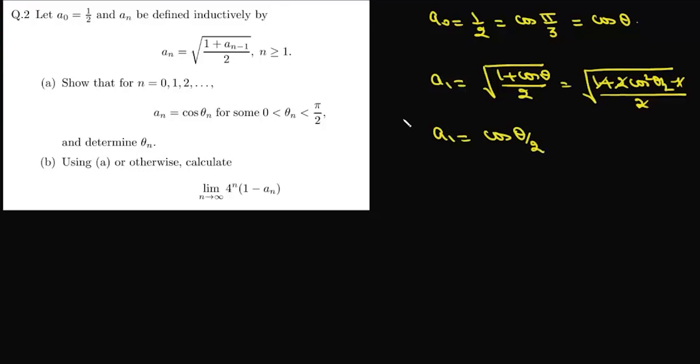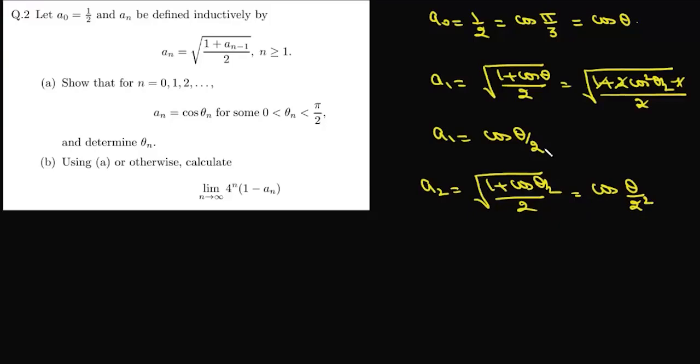Now, if we replace a1 in this formula, we'll get a2. So this a2 will be under root of (1 plus cos theta by 2) whole divided by 2. It is the same expression, so it will give us cos of half of this given angle. From here we'll get cos of theta upon 2 square.